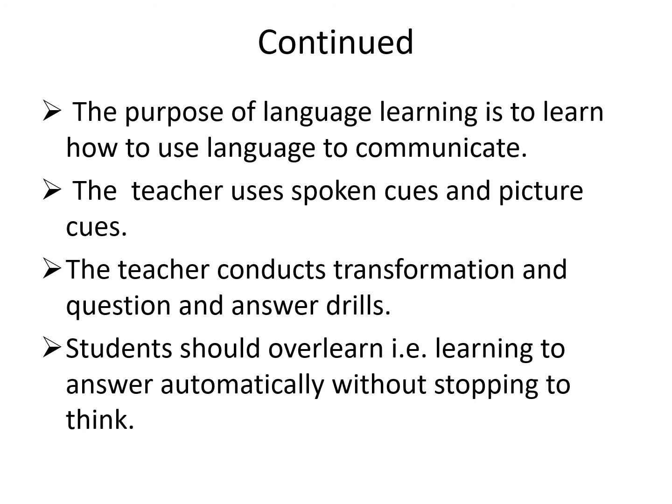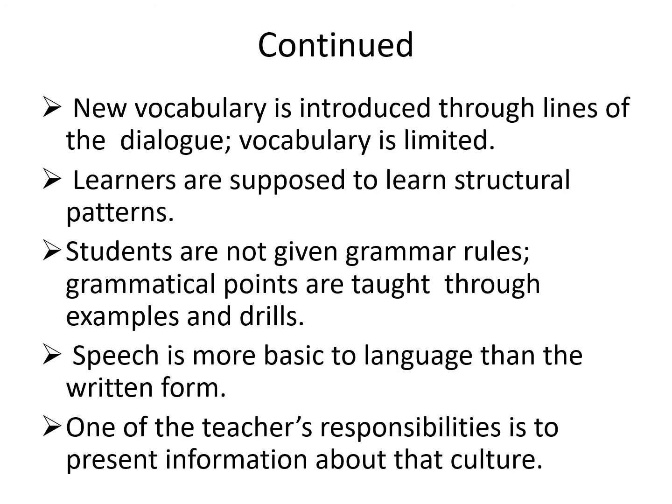They speak the language fluently without any hesitation or reluctance. New vocabulary is introduced through lines of dialogue. Vocabulary is limited, so there is repetition, and even learning the lines of the dialogue is going on in the classroom.